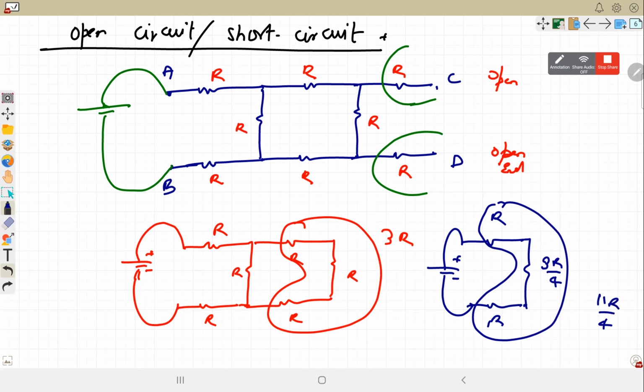Just check and verify it's correct. Right. Okay.